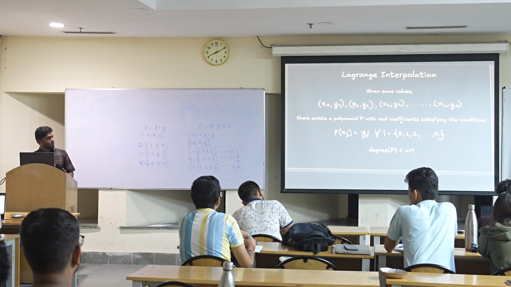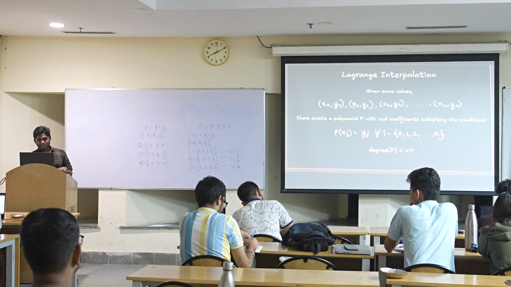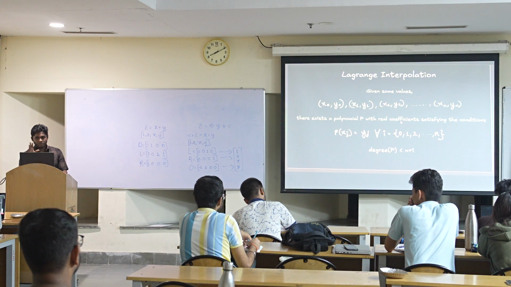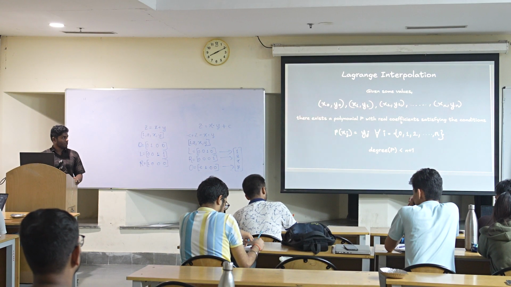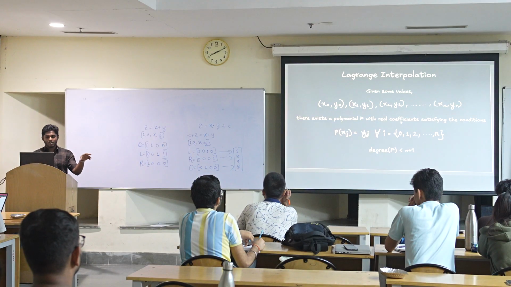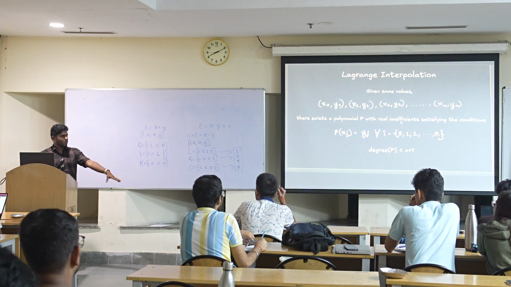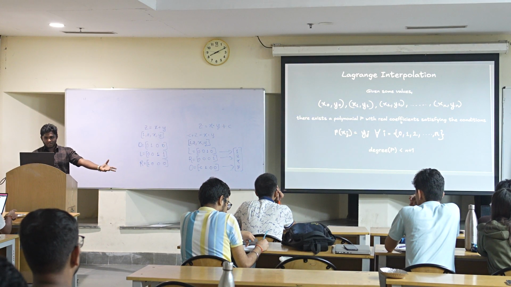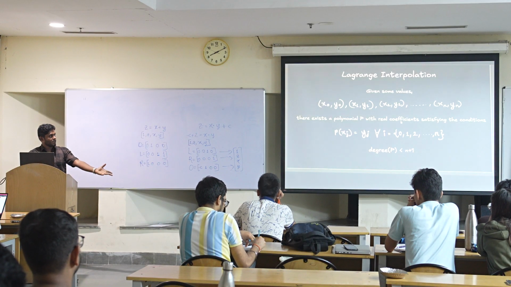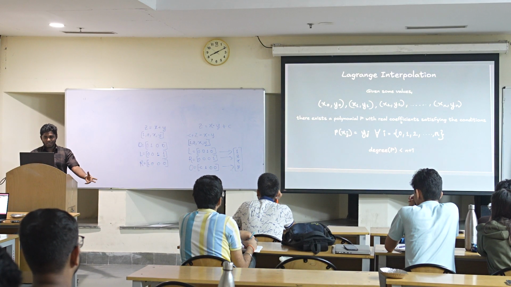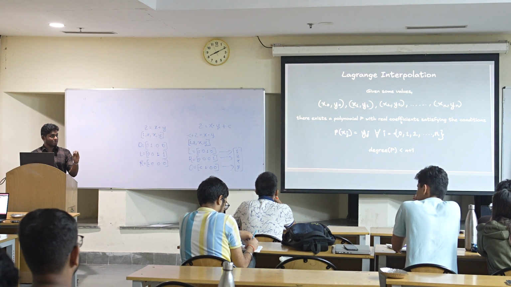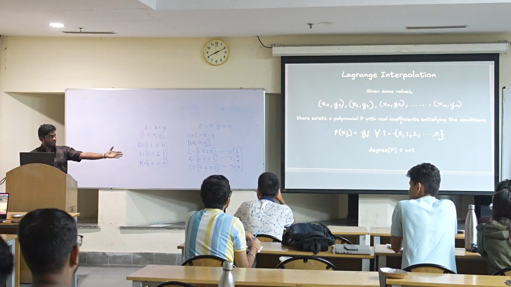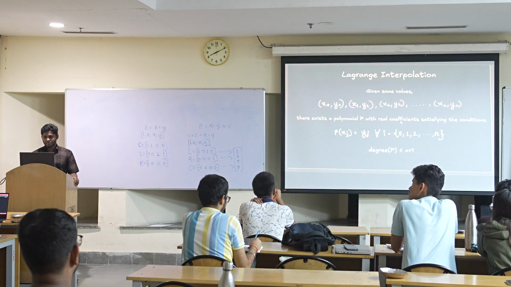There exists a polynomial p with real coefficients satisfying the conditions p of xj is equal to y of j. Our goal of using Lagrange interpolation is to generate a polynomial with the lowest degree. It's easy to generate a polynomial if you have the points manually, but we need the lowest degree. For the lowest computations to happen, we need the lowest degree. That's why we are using Lagrange interpolation.